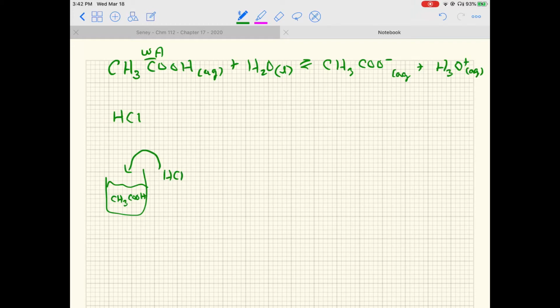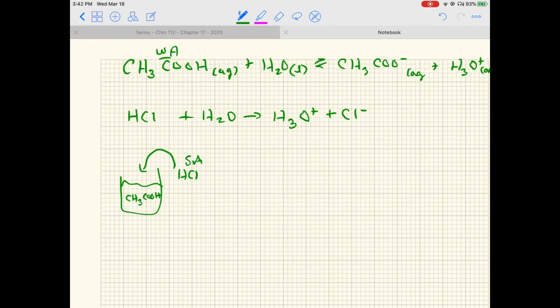What happens to that HCl? We know it's a strong acid, so it completely dissociates in water, so we end up with H3O plus and chloride minus.